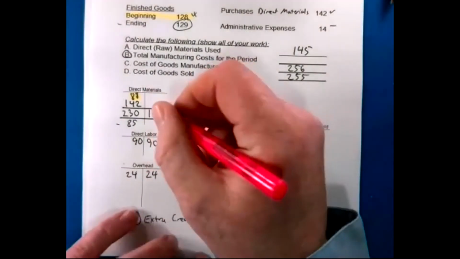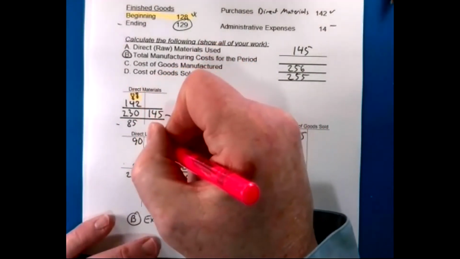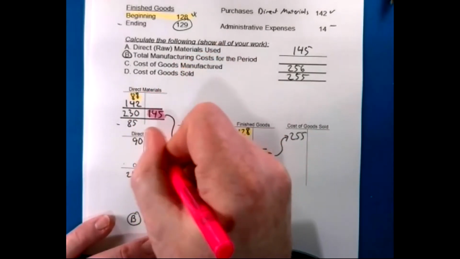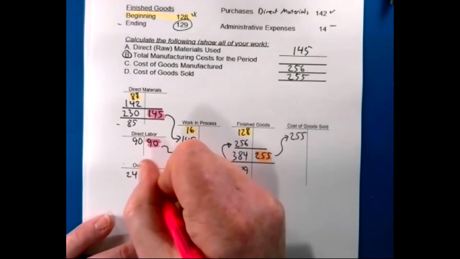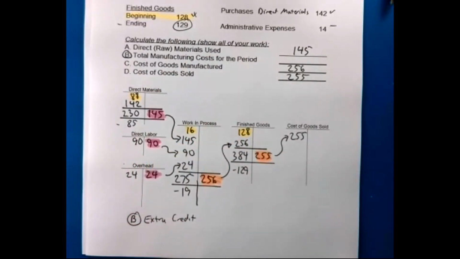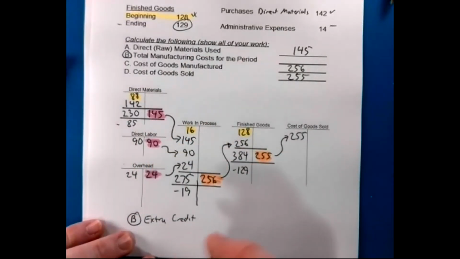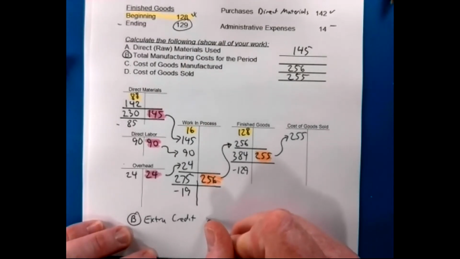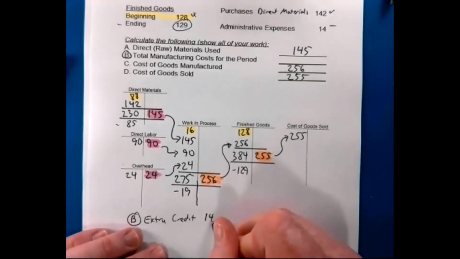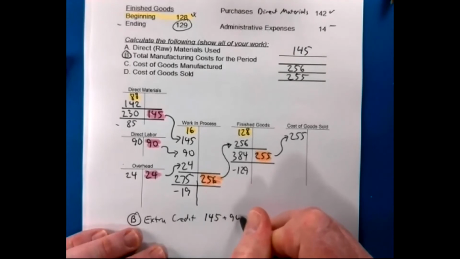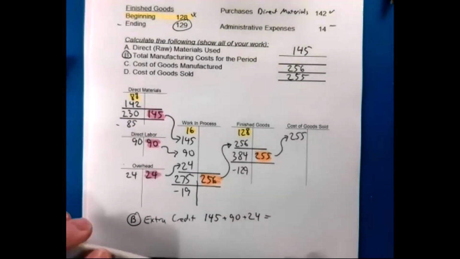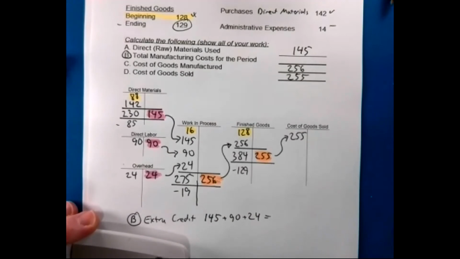The total manufacturing costs for the period are the direct materials, the direct labor, and the overhead. Those are the manufacturing costs for the period. And that equals some number.